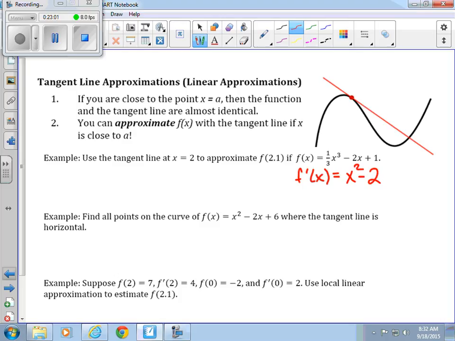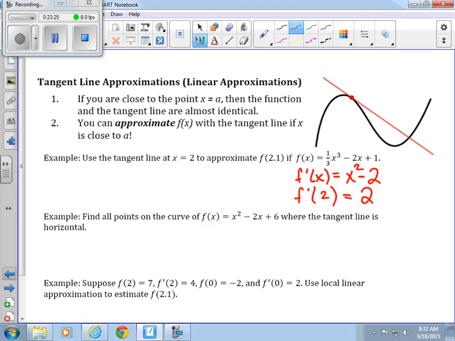The value we want to approximate is at 2.1. So I'm going to find f prime of 2. Remember, I'm finding the tangent line at 2. I will then use that to approximate. 2 squared, which is 4, minus 2 is 2. So I have my slope. What else do I need?